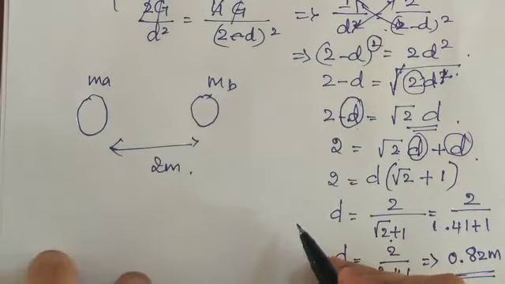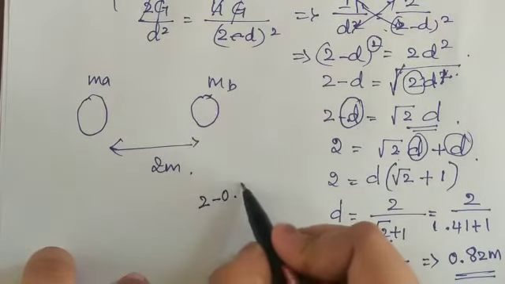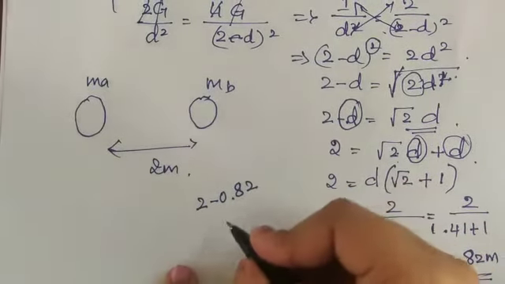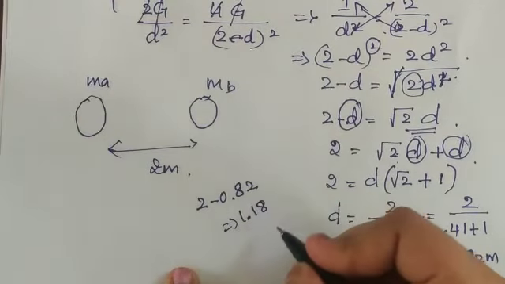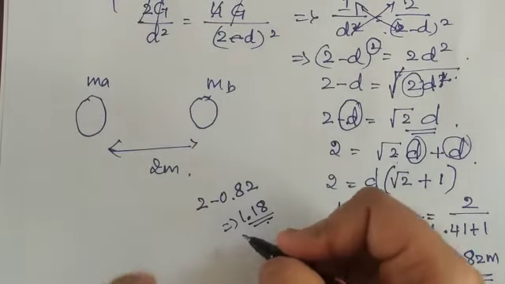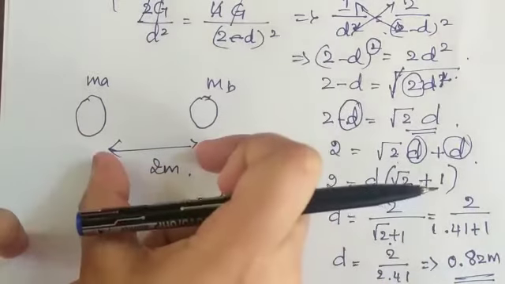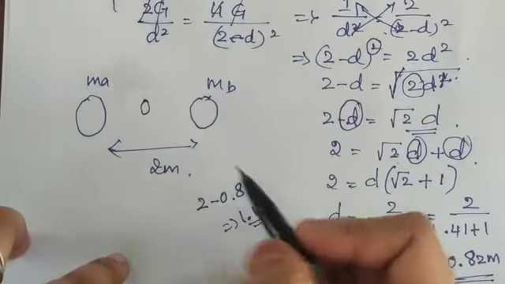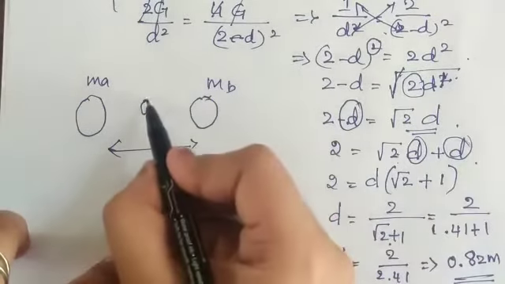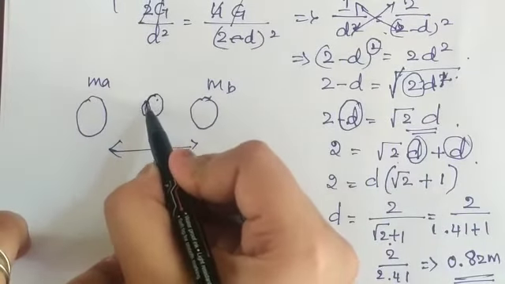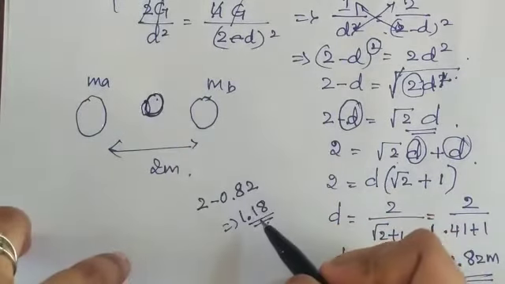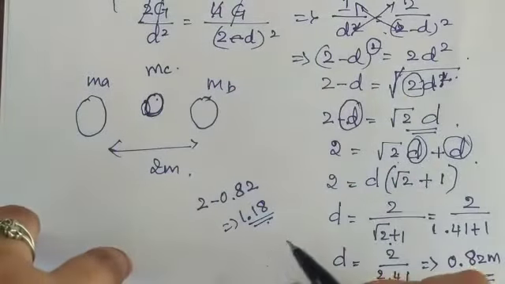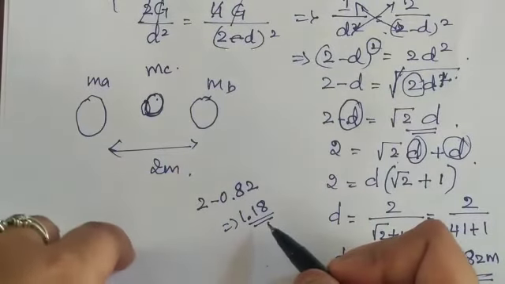I should place 2 minus 0.82, so you will get 1.18. If it were 1 meter, it would be exactly in the middle; 1.18 means a little bit further. So I should place the C object at a distance of 1.18.